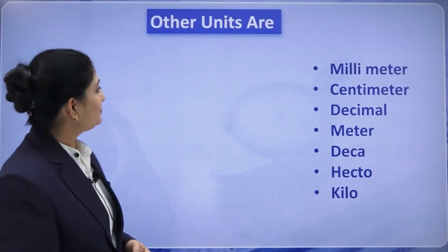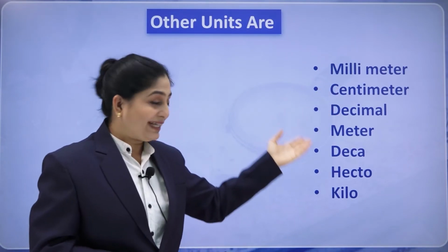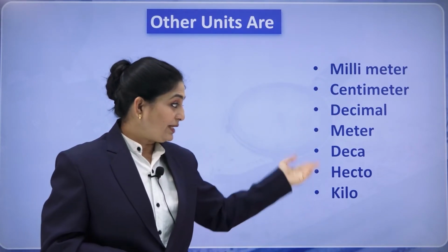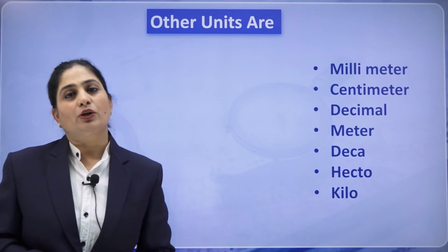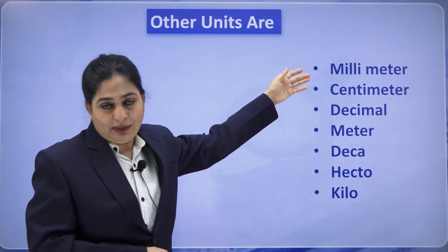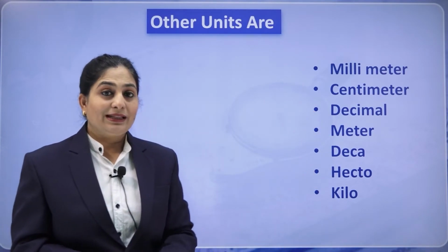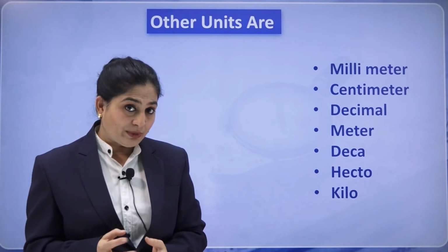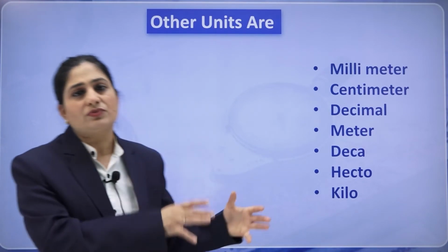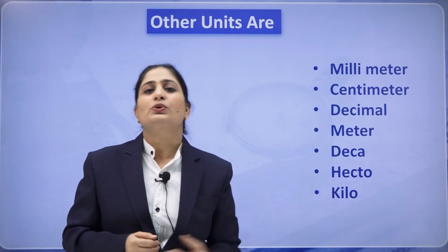Let's see how. There are some other units: millimeter, centimeter, decimeter, meter, decameter, hectometer, even kilometer. Going to the upper side of this meter, these units are smaller than the meter. Going to the lower side, these units are bigger than the meter. If I ask you what is the distance from Jaipur to Delhi, we cannot measure it in meters because that gives too large a value.